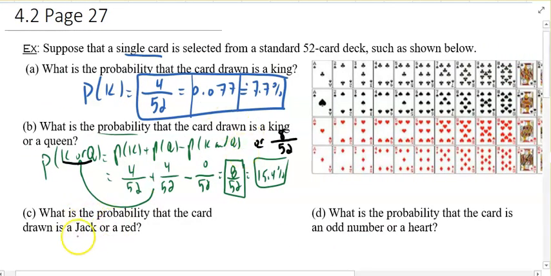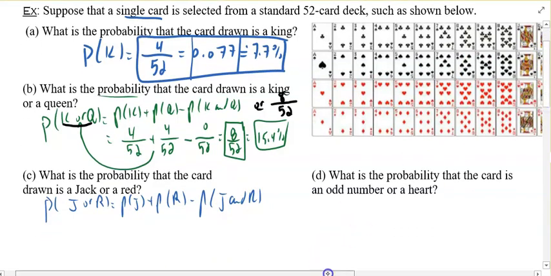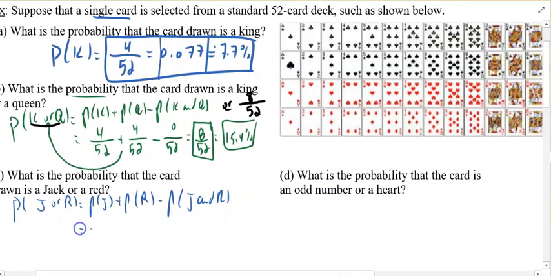And what is the probability that the card drawn is a jack or red? That's the probability of a jack plus the probability of a red minus the probability of a jack and red. Again, I'll show you both ways of doing this. First case, you say, okay, probability of a jack, there are 52 cards. How many ways can you get a jack?